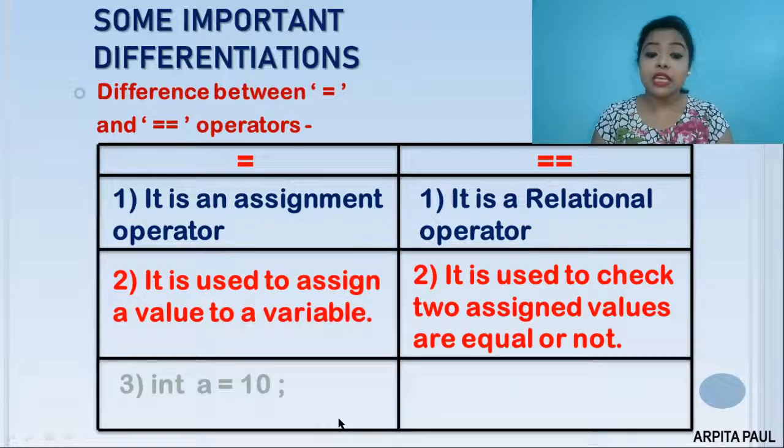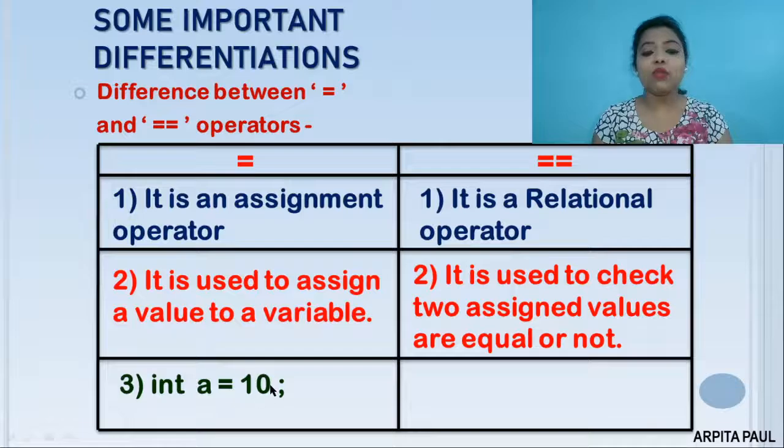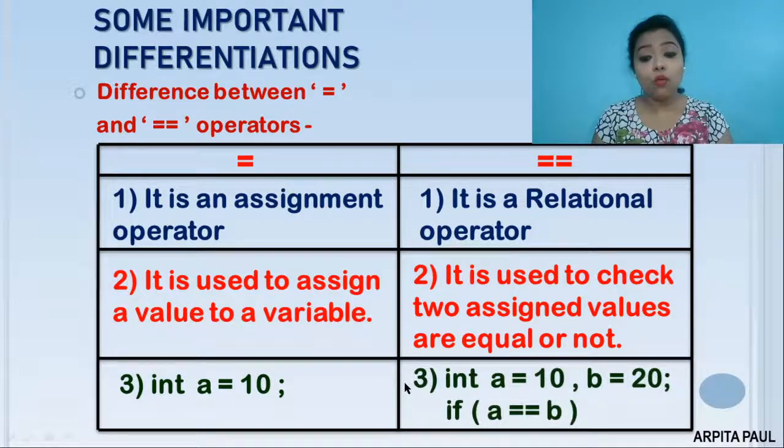How it differs? See the example of how we use the assignment operator: int a = 10. Here this equals to is used to assign the value 10 to the variable a. Whereas double equals to works like this. Here we are assigning values to different variables: a = 10, that means 10 is assigned to variable a, and b = 20 means 20 is assigned to variable b.